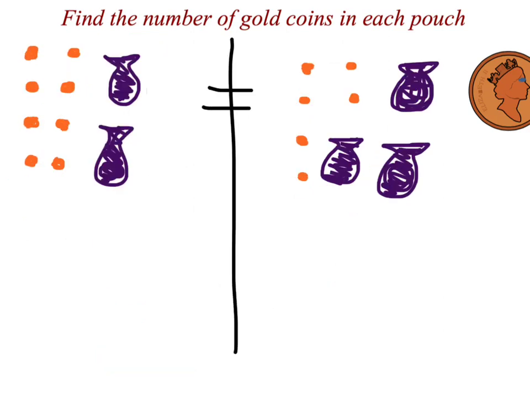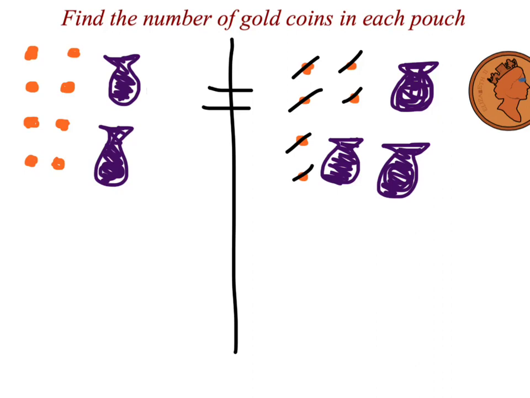In this example, I have 8 gold coins and 2 pouches on the left side of the equal sign. On the right side, I have 6 coins and 3 pouches. So as before, I'm going to cross out the smaller number on one side of the equal sign.